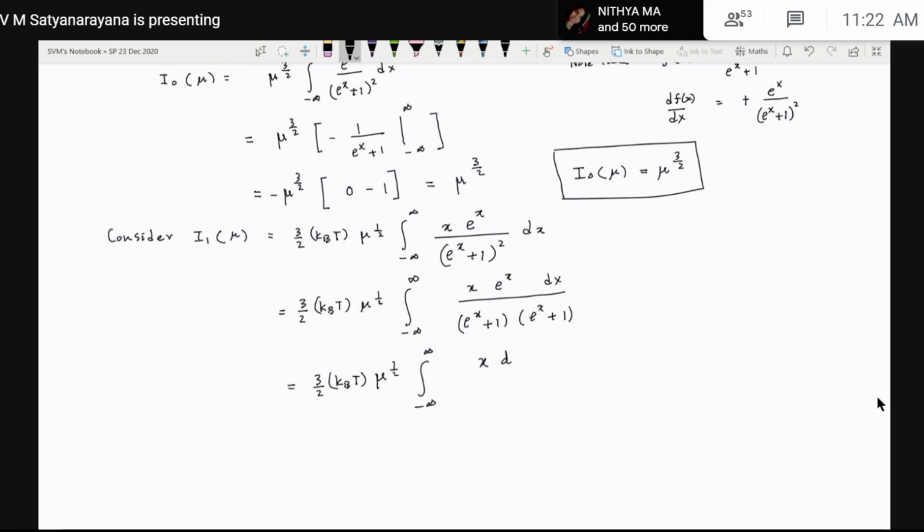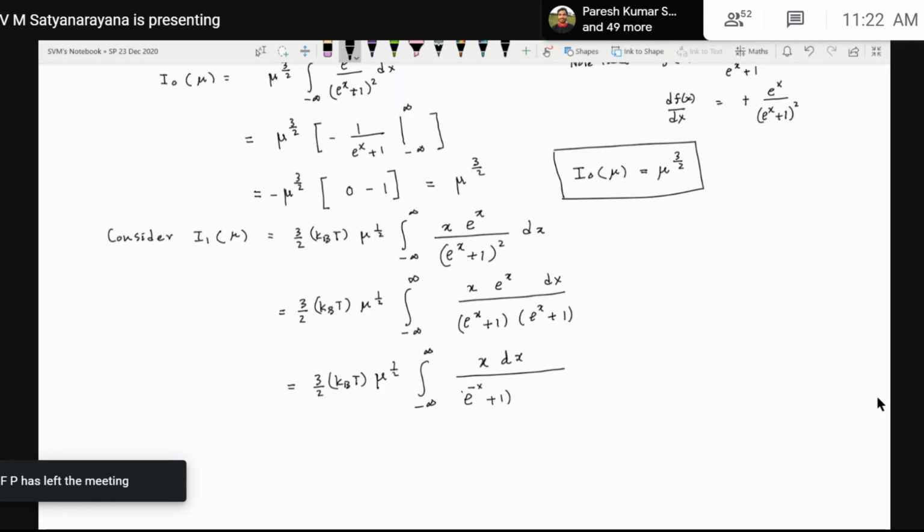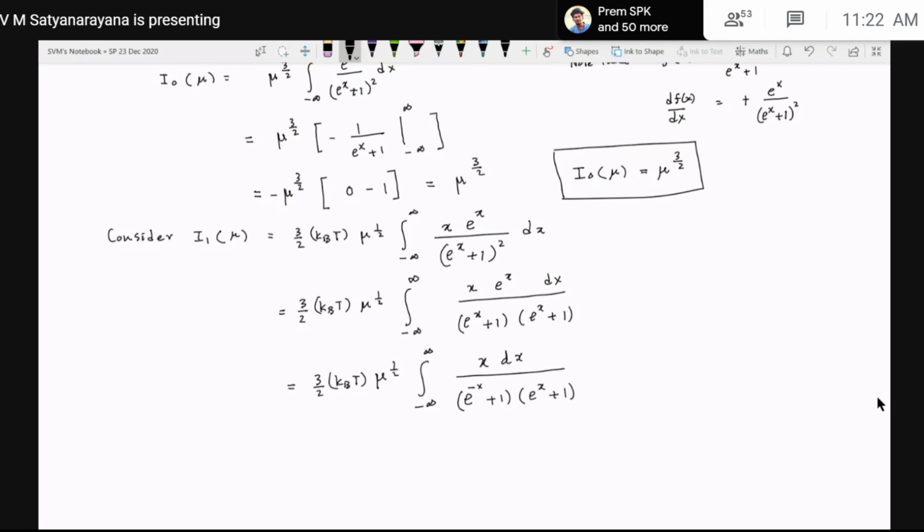So x dx divided by (e to the minus x plus 1) into (e to the x plus 1). Why? Because when I take this to the denominator, it will multiply with one of these things. That will become e to the minus x into e to the x, that is 1, and e to the minus x. That is what this is.